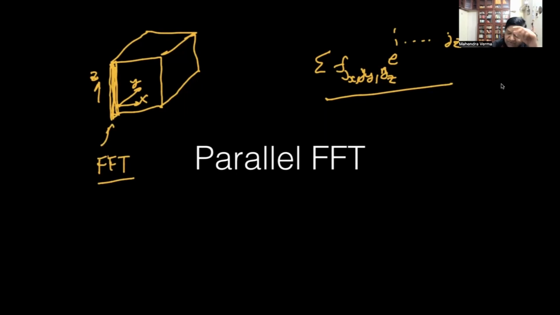And of course I need to sum over ny and nz, jx and jy here. So we use a 1D transform which is already written. There are quite a few of them, but the most famous is FFTW, the fastest Fourier transform in the West, from MIT.